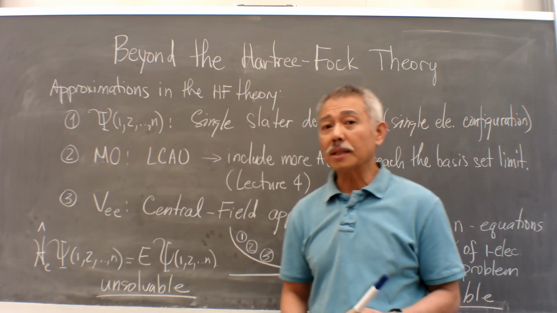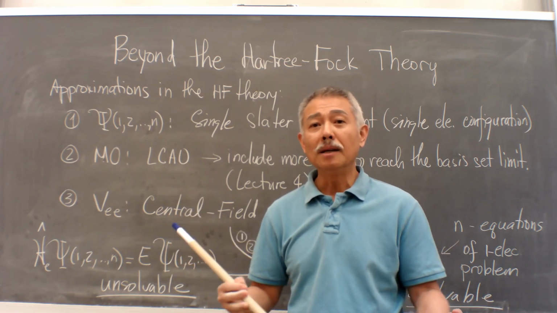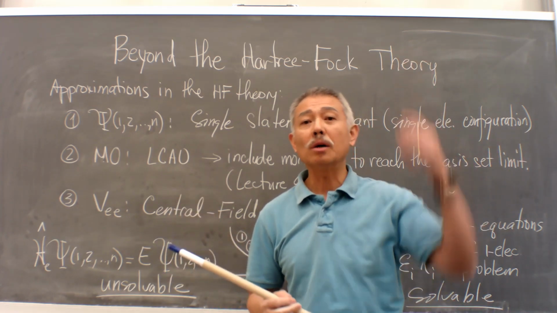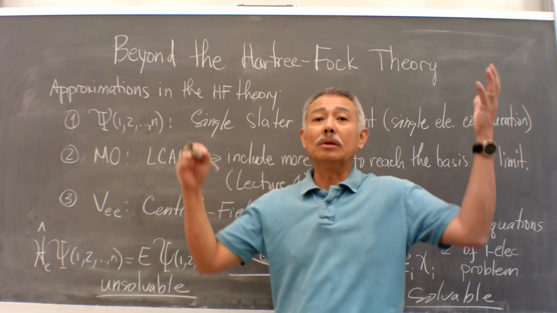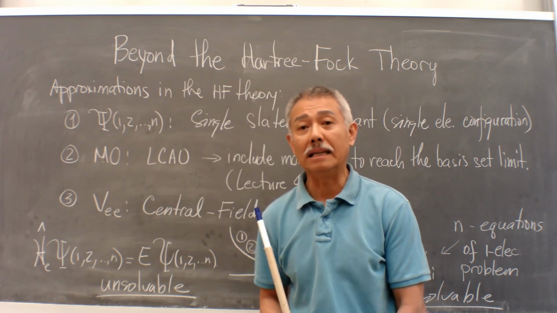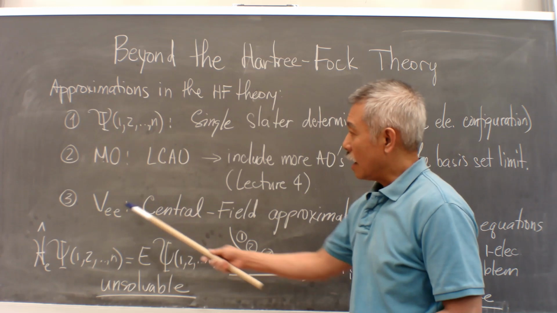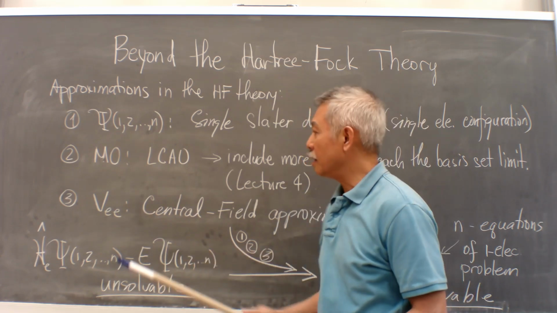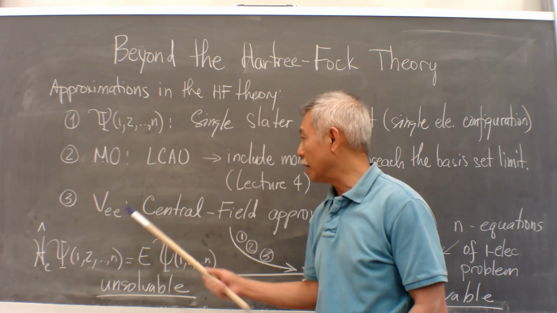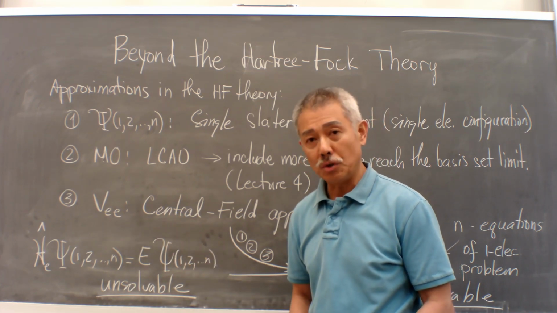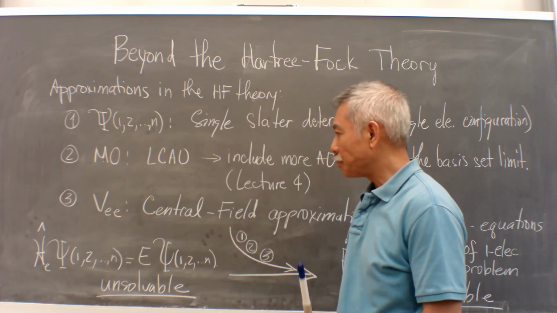One way to address this approximation is to include more atomic orbitals, higher angular momentum atomic orbitals, and so on, until we reach the basis set limit, which we'll cover in lecture 4. The third approximation is in the electron repulsion potential operator, where we introduce a central field approximation. We will talk a little bit more about that.